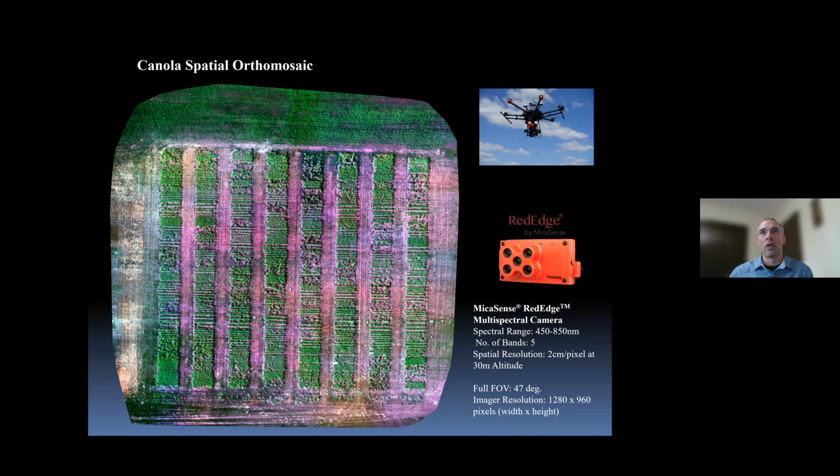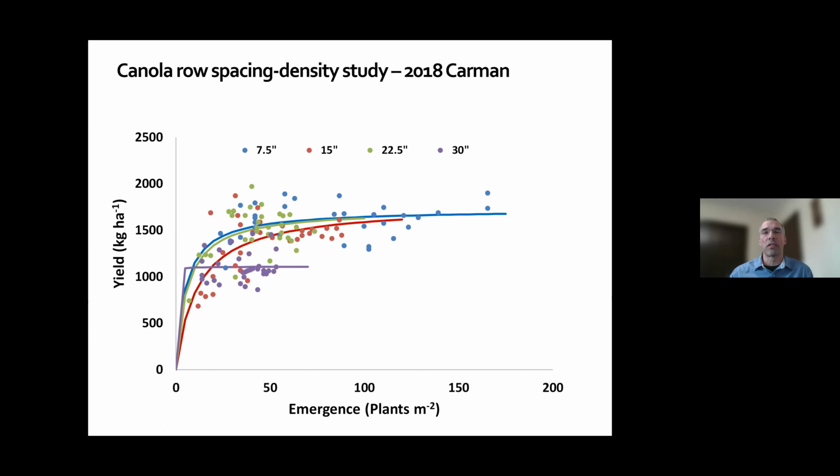And I'll share some of the data here very briefly. This is from the 2018 Carbon site, but the rest of them look very similar. And the interesting thing here, and we shouldn't really be surprised by that, is canola is an incredibly plastic plant. It can deal with a whole plethora of row spacings and densities and still produce very equivalent or similar yields.